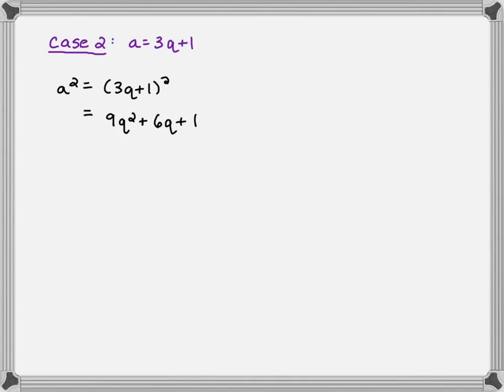And so let's try to factor out, we can't factor out a 3 from each term, but we can factor out a 3 from the first 2 terms. That will give us 3 times (3q squared plus 2q), and then we'll have this plus 1 left. And once again, if we let 3q squared plus 2q equal k, then we see that a squared is of the form 3k plus 1 as desired.